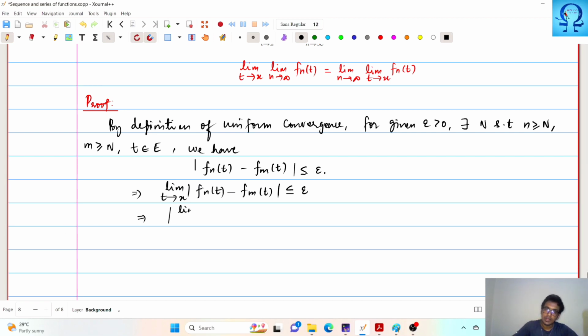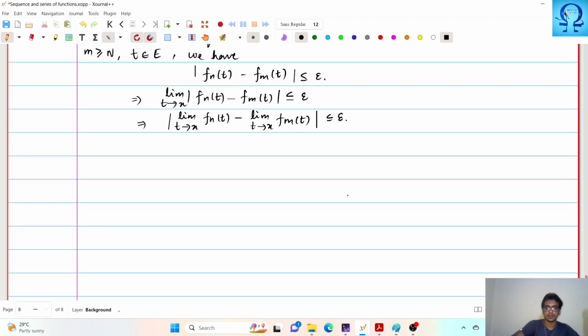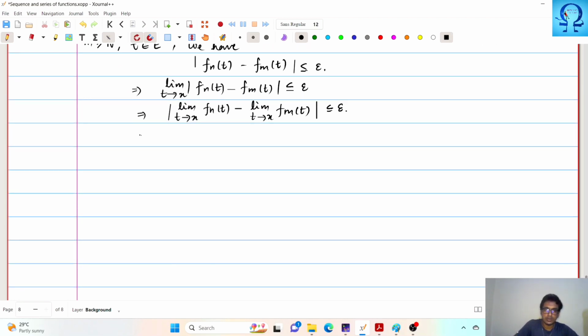So this will be the limit as t approaches x of fn(t) minus the limit as t approaches x of fm(t), using the properties of continuous functions. So this will give us the absolute value of an minus am is less than or equal to epsilon, right? And this is true for n bigger than or equal to N and m bigger than or equal to N.